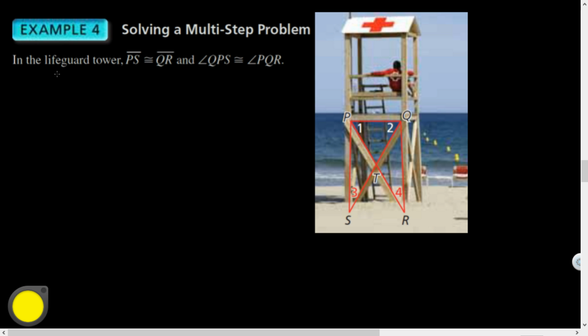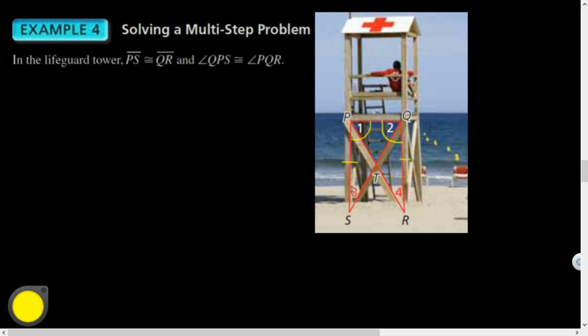What do we know about this? In the lifeguard tower, PS is congruent to QR. And angle QPS is congruent to angle PQR. So the entire angle is congruent to that entire angle, right? Did I read those right? PQR, true.